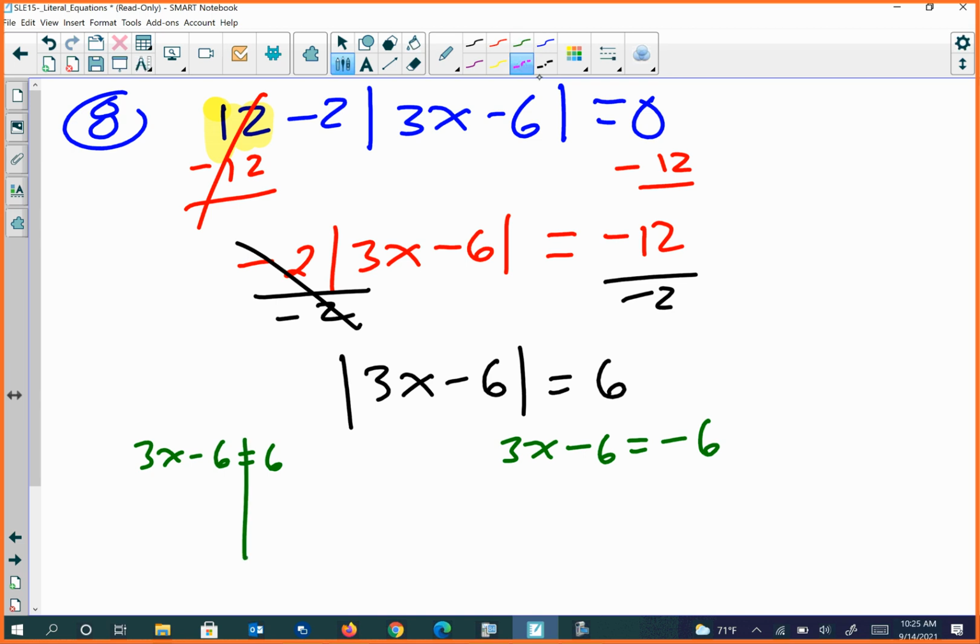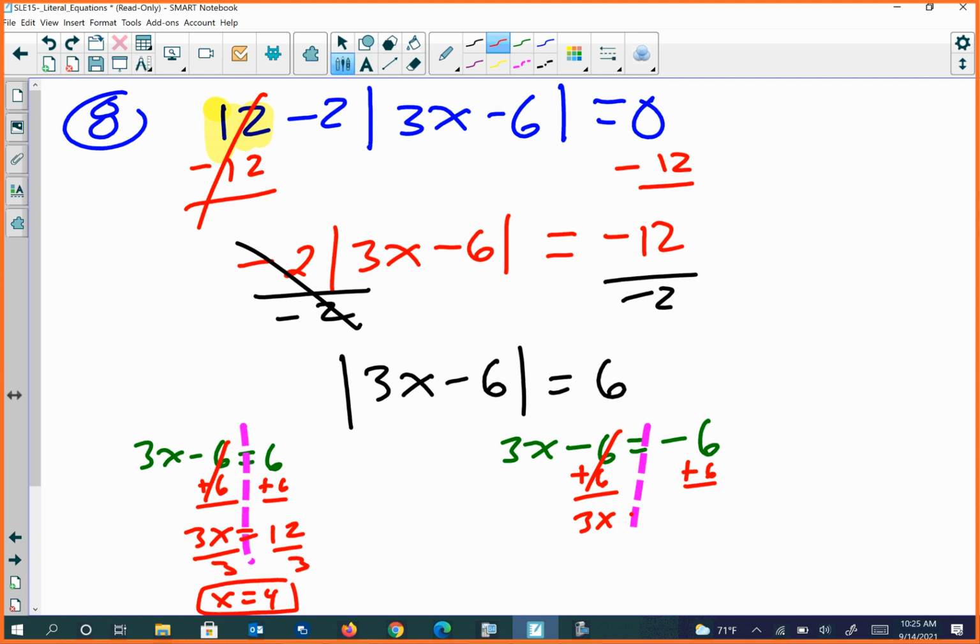I want to do this undo. All right, add 6, add 6. Those cancel. 3x equals 12. Divide by 3, divide by 3. So I get x equals 4. There's my first answer. Second one, add 6, add 6.